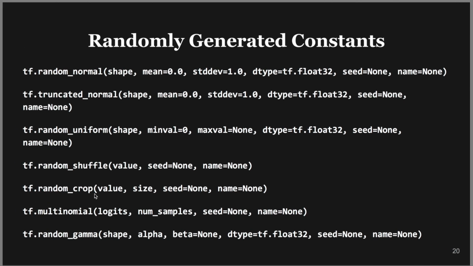tf.random_crop. So out here we are providing a tensor value, and you are also going to provide a shape. Now it's going to crop out a contiguous block of that shape from the tensor.